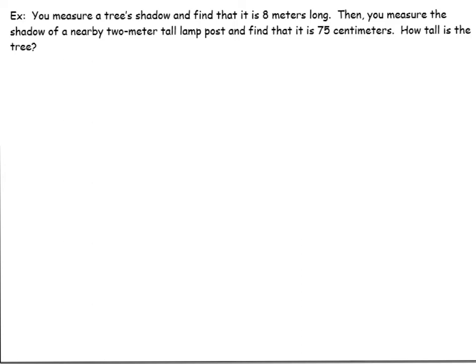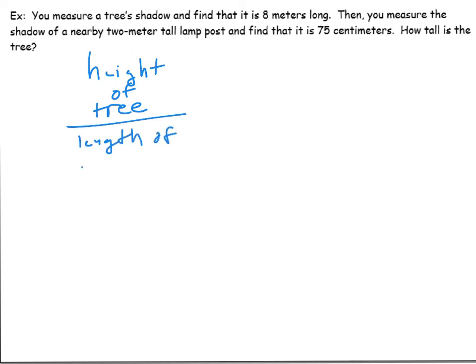It doesn't use the words explicitly that you've got a ratio of these things going on. But we could go this route and say height of tree divided by its length of shadow has got to be equal to, I think they said it's a lamppost, right?